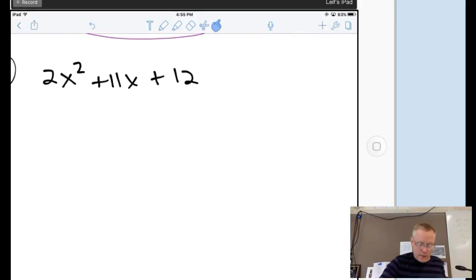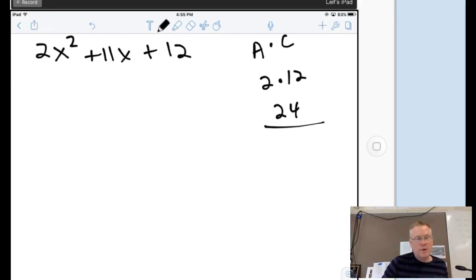Okay, so when I do this, I go a times c, which gives me 2 times 12 is 24. And what I'm going to do is look for the factors of 24 that add up to 11, okay? So 24 times 1, 6 times 4, 8 times 3. Ooh, that 8 times 3 looks nice.